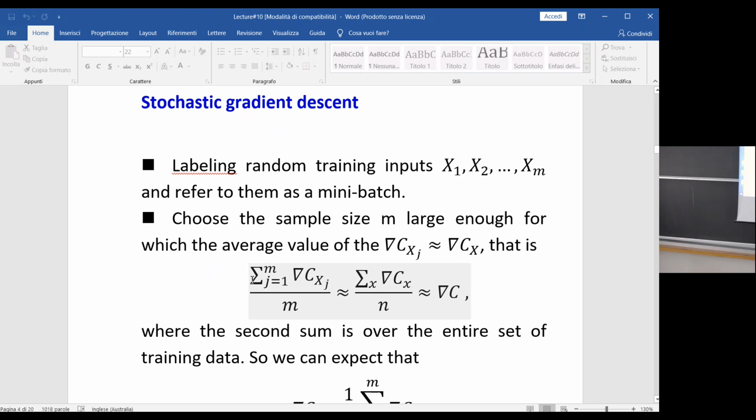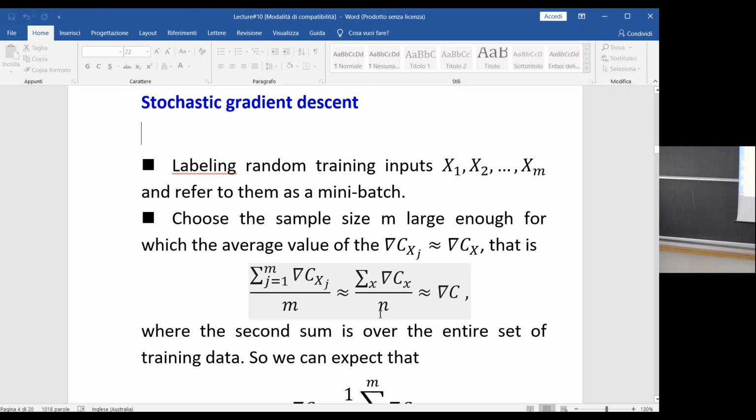That is, the summation over our mini batch, averaged by M, is approximately the summation over all training samples x of gradient C_x, also divided by n.